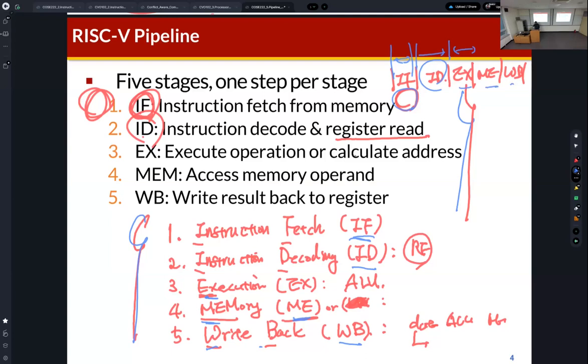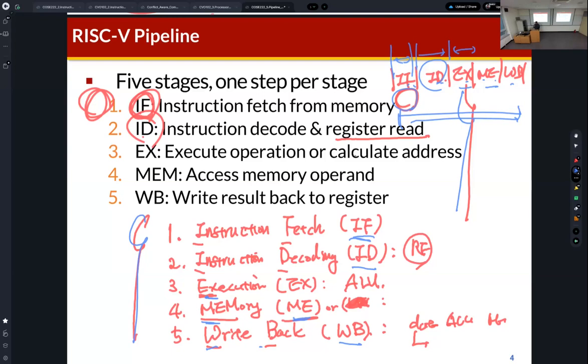So what's the benefit? In a single cycle processor, the sum of delays of all steps is the critical delay.